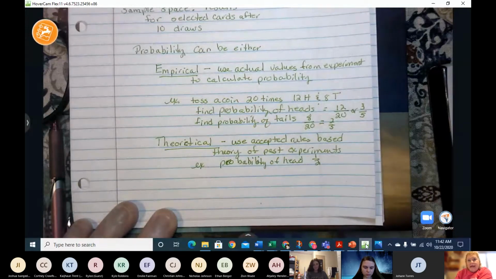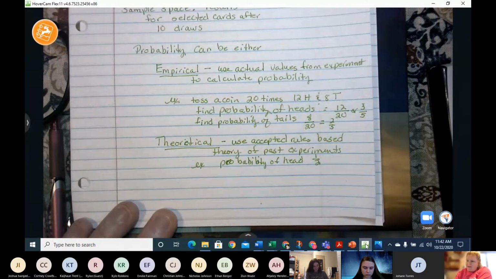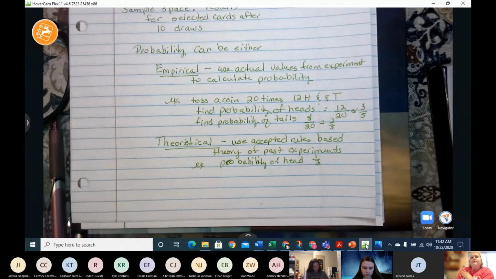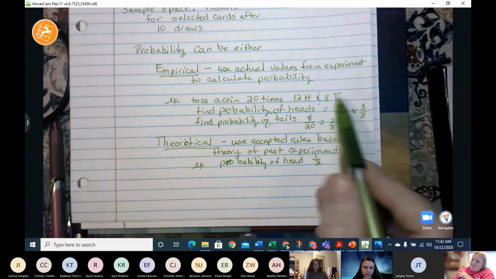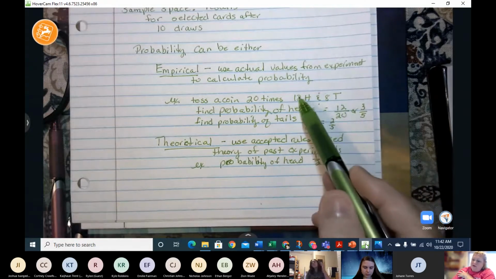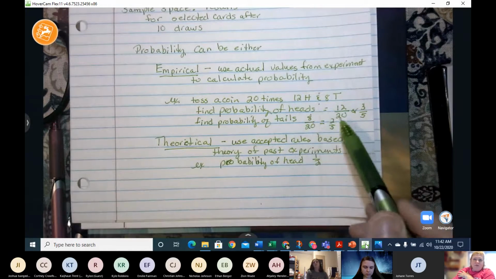I can only get a head once out of the 2 possible choices on my coin. But in that experiment, the head occurred 12 out of the 20 times.